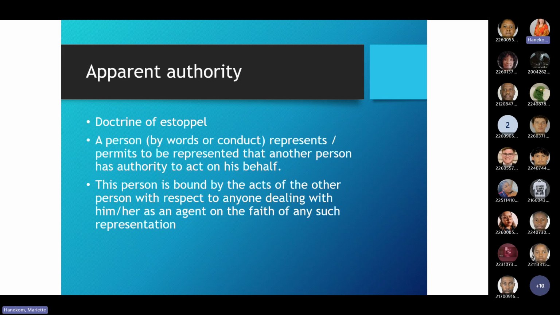If a person has created a false impression, they become bound to the impression that they created and cannot subsequently rely on the truth to escape liability. By paying the account for months, I created the impression that you have authority.